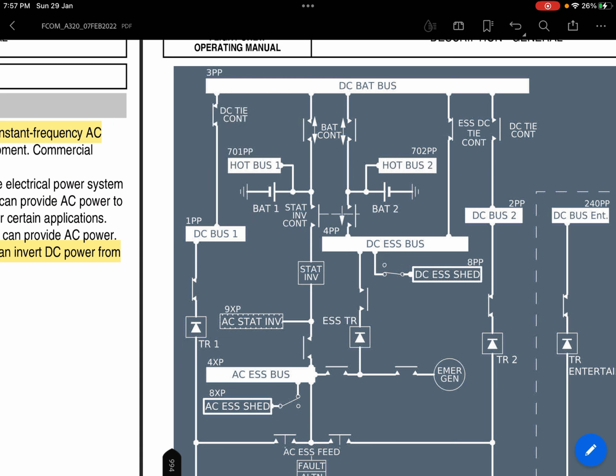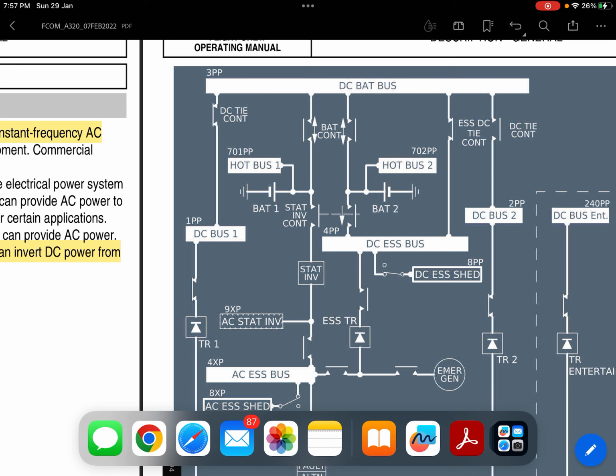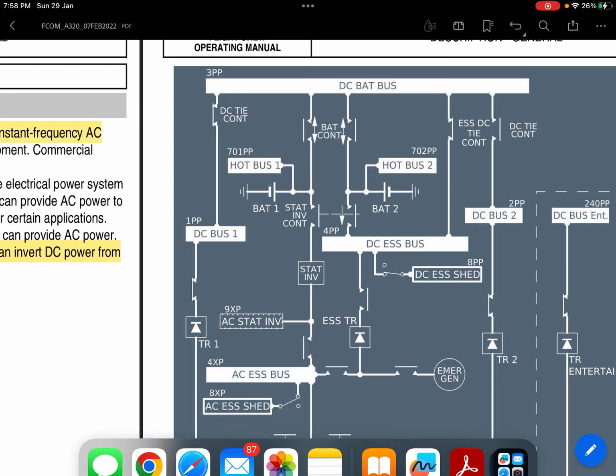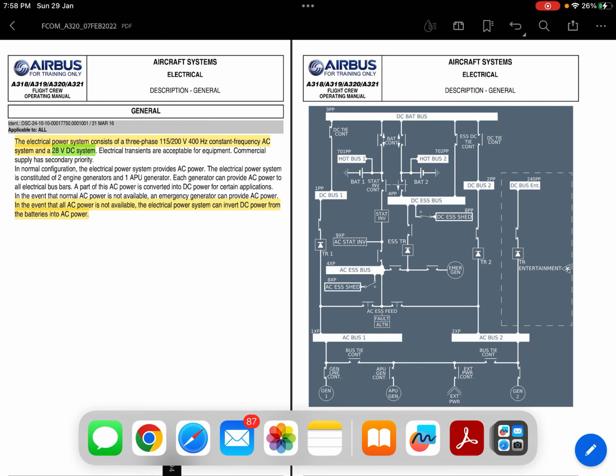You can read it again and find your answer from this diagram only. There are a lot of questions which you can solve by looking at this diagram. I have made a separate video on this diagram. I have explained everything from this diagram. You can watch if you want.